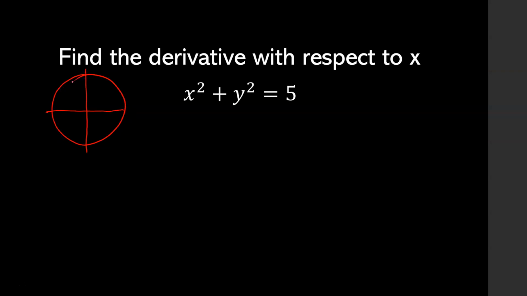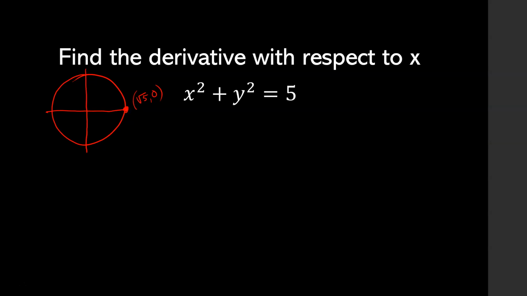Hopefully you know x squared plus y squared equals 5 is a circle centered at the origin with a radius of the square root of 5. So this intersection point right here would be root 5, 0.